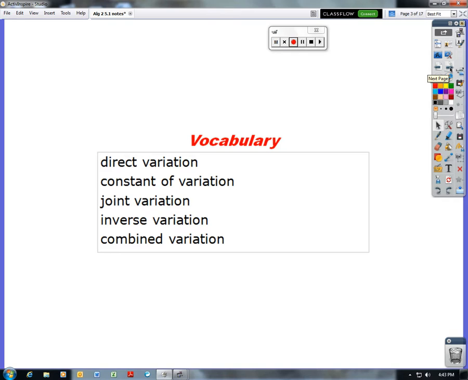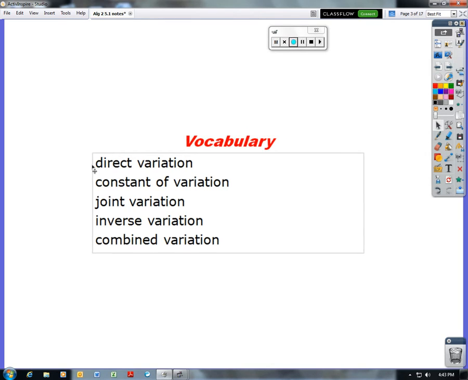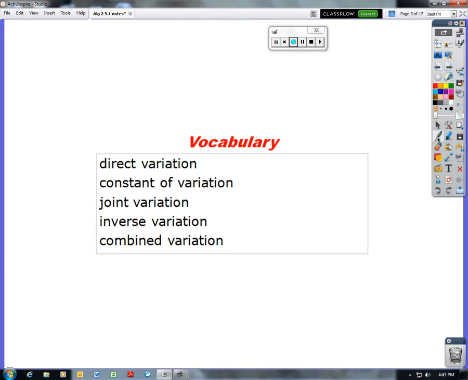Okay, so the vocabulary today. The big ones you're going to need to know from this are direct variation and inverse variation. Joint variation, I consider it just to be another type of direct variation.